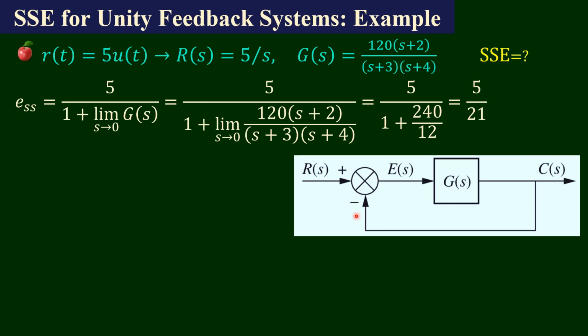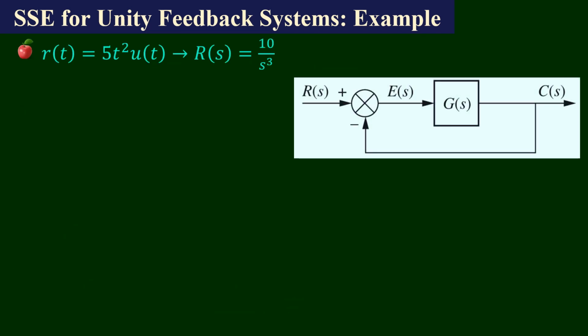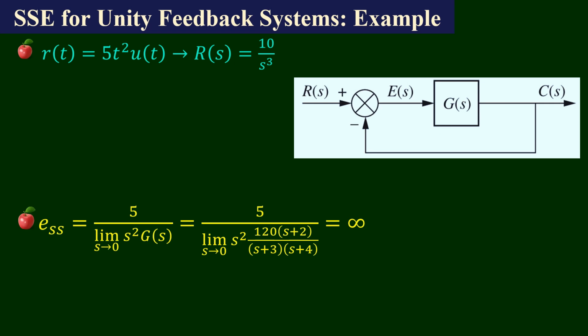For the other two signals, we know in advance that the steady state error will be infinity, but if you want to calculate them, the procedure is simple. Again we can write the equation in this format, and it is equal to infinity. Similarly for the other system, it will be again with this equation. You can put the values and calculate them, and you get infinity over here.